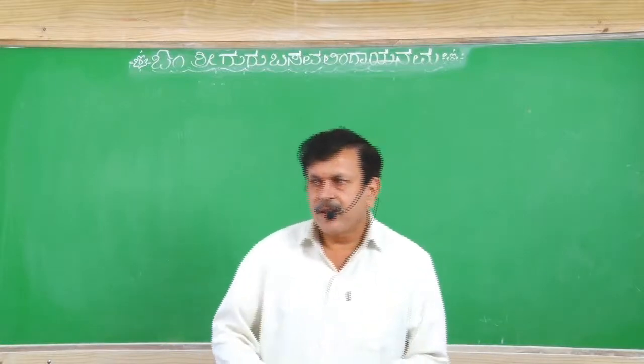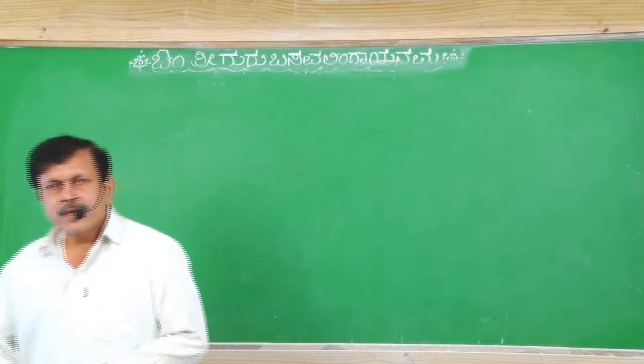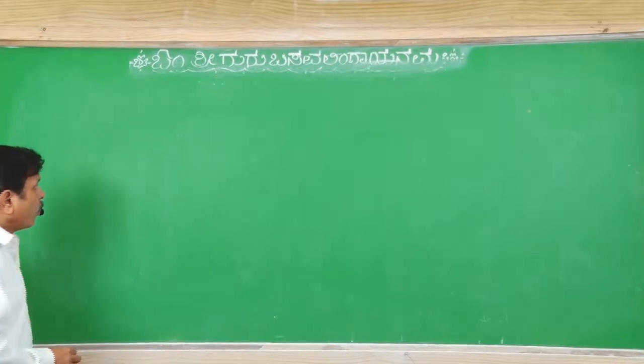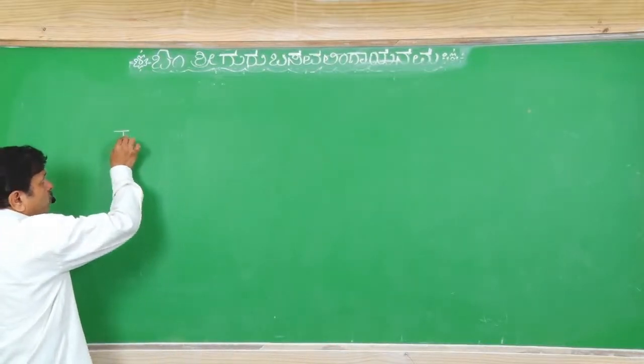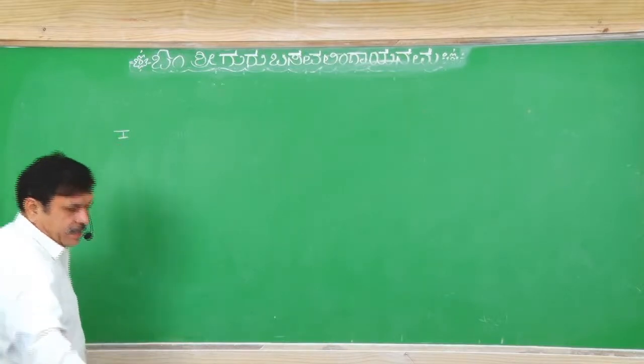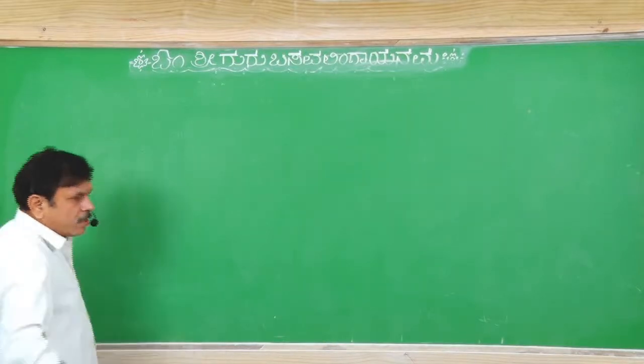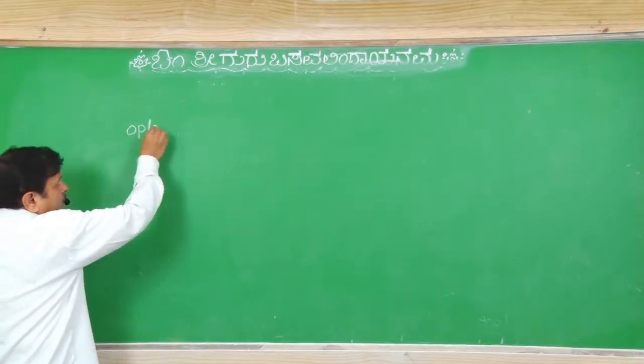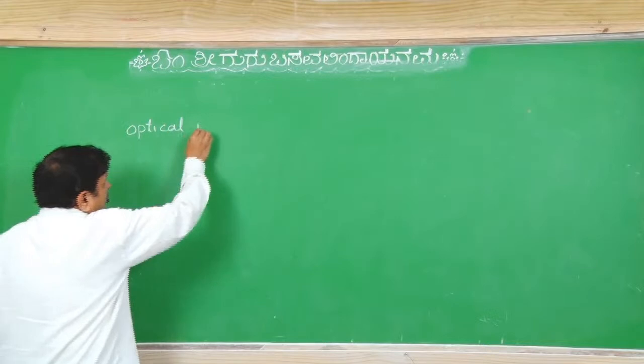Yesterday we started with a few things of ray optics. Now let us go with what is an isotropic optical medium. First, let us go for optical medium, then we will go for isotropic medium. Optical medium.